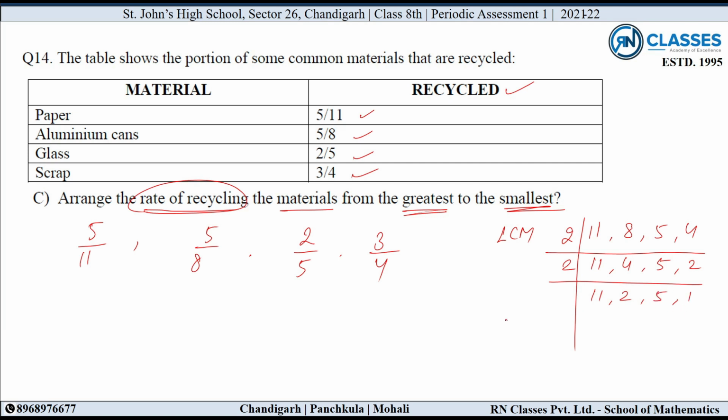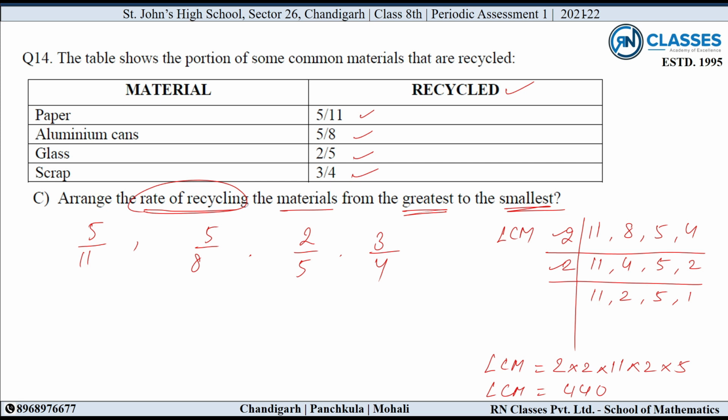Yes, now nothing would go, so the LCM would be, you can do another 2, 11 and then 5, but those are unnecessary steps. Nothing is coming common, so I'm not multiplying. 2 and 2, 2, then 11, then 2, then 5, right? So LCM would come out to be 2 into 2, 4, 4 into 2, 8, 8 5s are 40, 40 into 11, 440. Multiplication should be done like this, right?